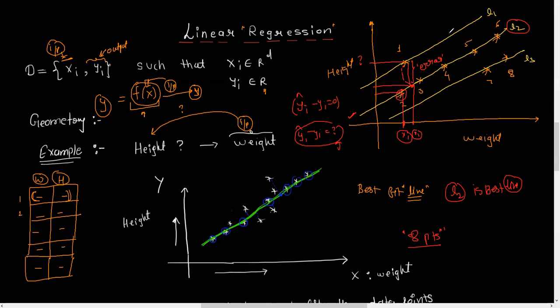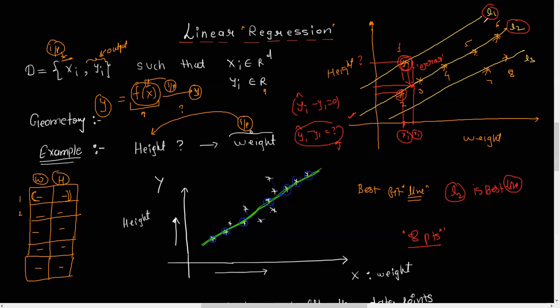Okay, if you just observe all these three lines, this line L2 has maximum accuracy, you can see, like lots of points are on the line. If you take L1, I can get only one value which is correct. This line has lots of error because it is predicting only one point correctly, but for all the other points it is not going to predict correctly.